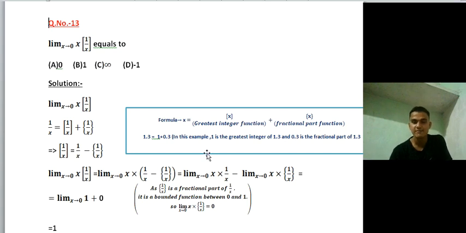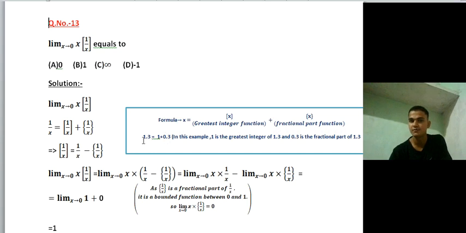You can see the example, 1 by 3 is equal to 1 plus 0.3. In this example, 1 is the greatest integer of 1 by 3, and 0.3 is the fractional part of 1 by 3.